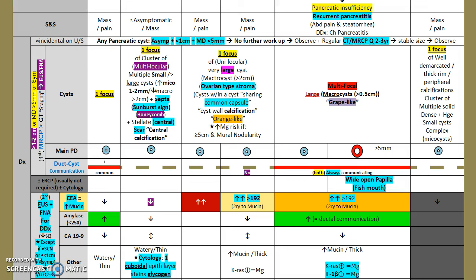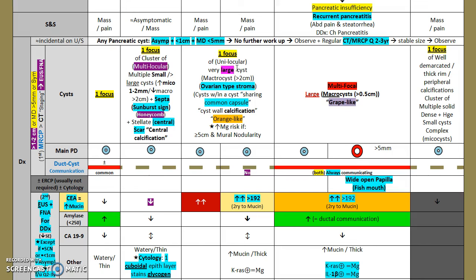You're going to find in the question or the clues these trigger words: septa, sunburst sign, honeycomb, a central scar, which is a central calcification. So if you see these words, that means that they're talking about the serous cyst.